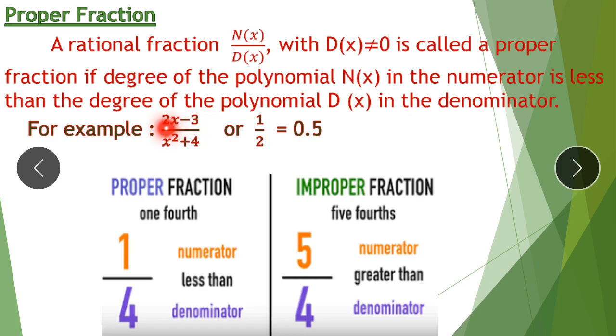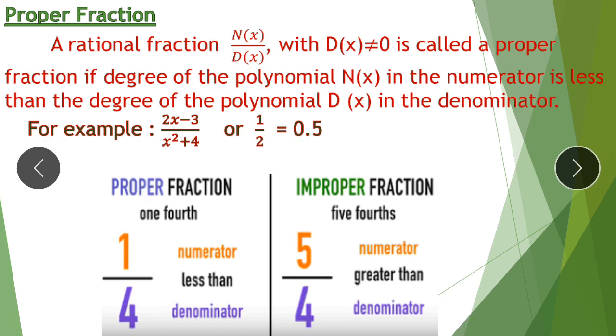If the degree of the numerator is less than the degree of the denominator. Here we can see that the degree of the polynomial in the numerator is 1 and the degree of the polynomial in the denominator is 2. So this is a proper fraction. If we understand it with numbers, the numerator is less than the denominator, so this is a proper fraction.